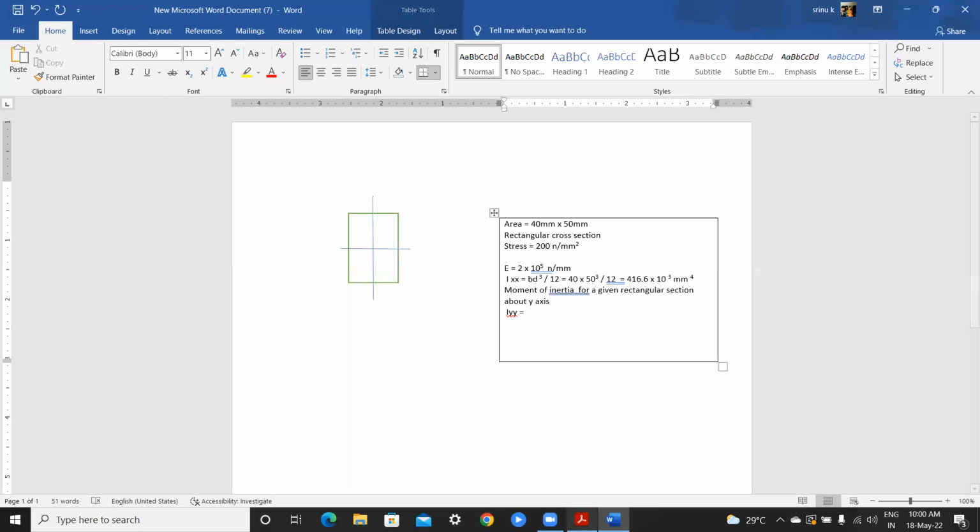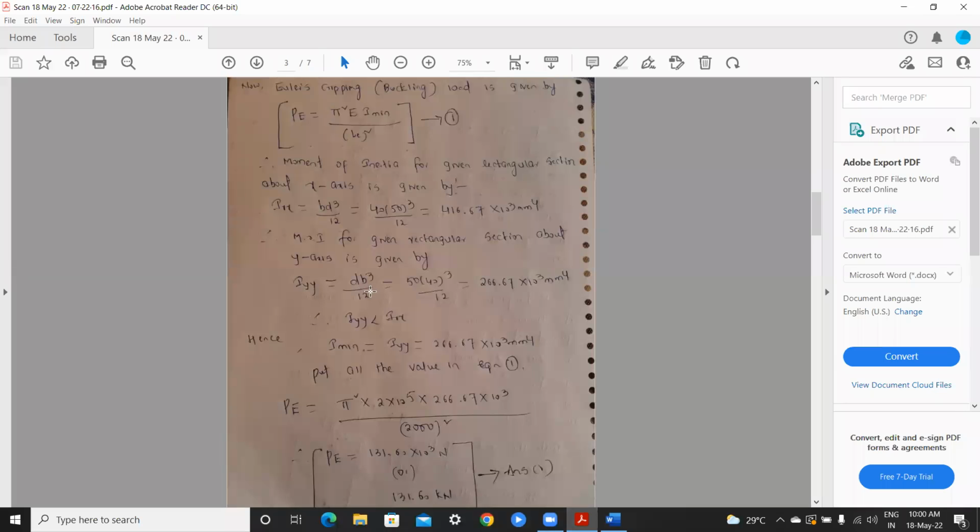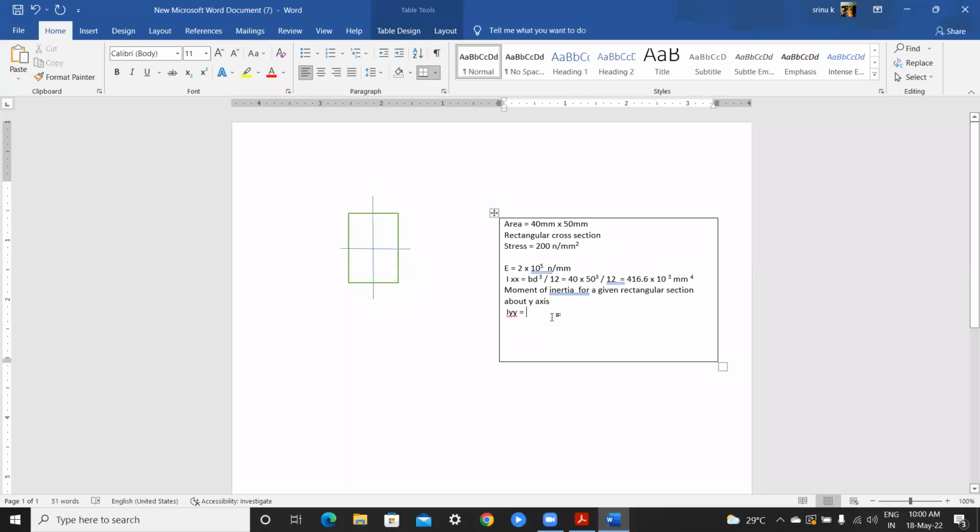You can see our formula here, DB cube by 12, where our depth is 50 and breadth is 40. So directly I am writing 50 into 40 cube by 12. The answer will become 266.67 into 10 cube mm power 4.